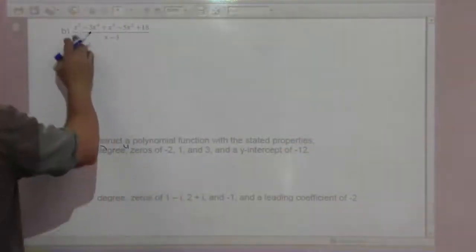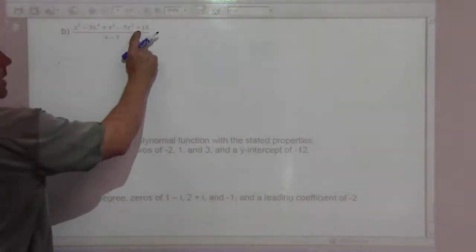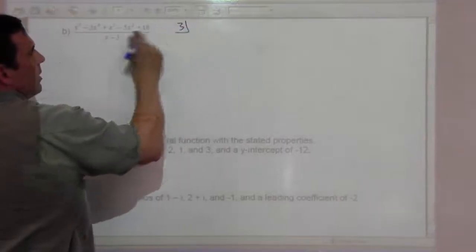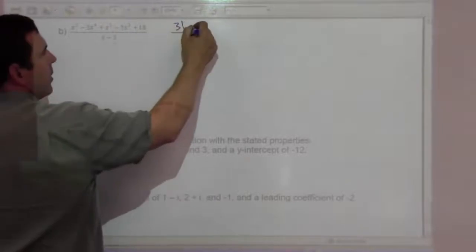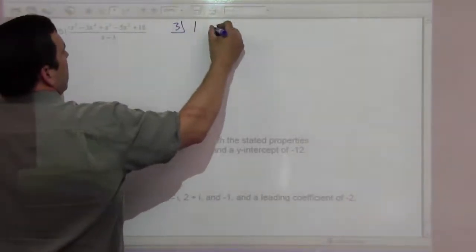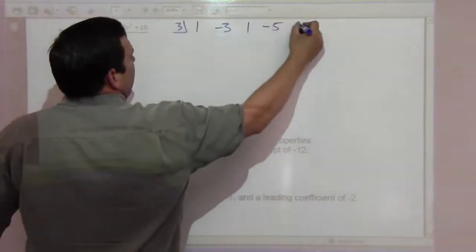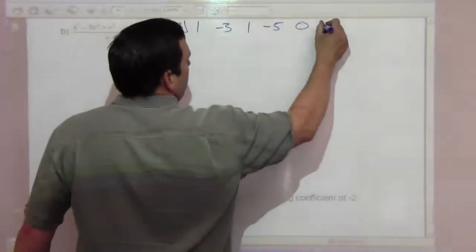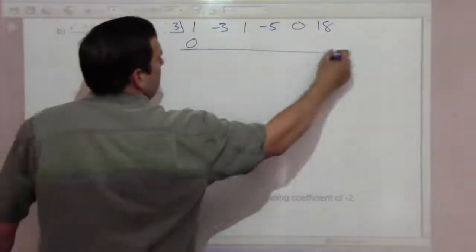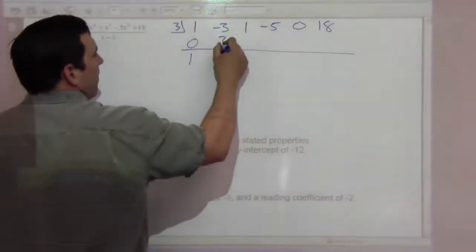We have x to the fifth minus 3x to the fourth plus x cubed minus 5x squared plus 18. Now notice here, there's no x term. So 3 is going to go in the box. Remember, it's x minus 3, so 3 goes in the box. If it's x plus 3, it'd be a negative 3 in the box. So we have 1, negative 3, 1, negative 5, 0 because there's no x term, then 18. 1 plus 0 is 1. 3 times 1 is 3.